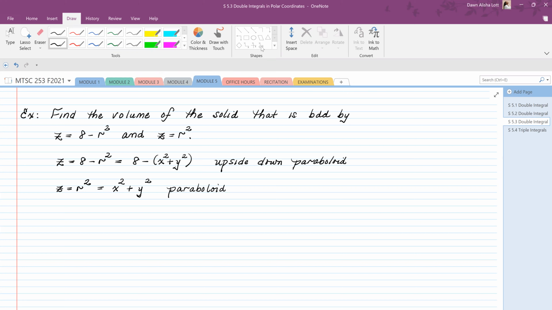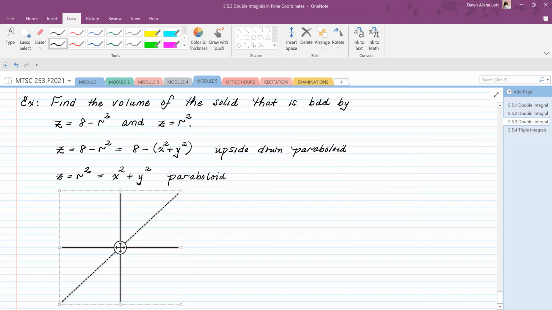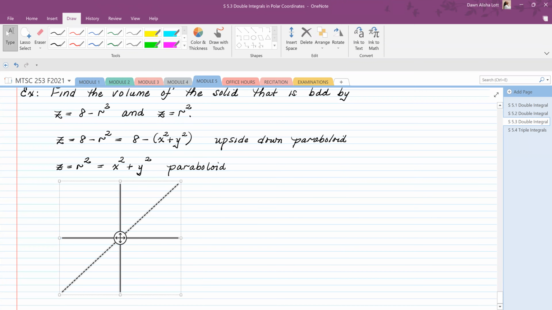Okay, so you have two paraboloids. You have one that's upside down, going like this, and then you have another one that's going like this. And they meet here.